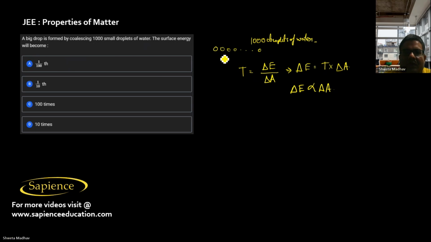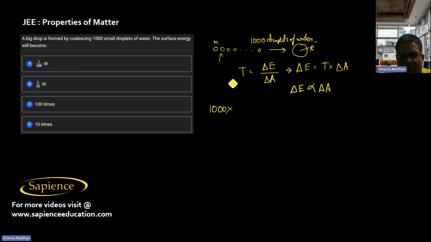Initially, suppose the radius of each of them is small r, so then it will form a new droplet having radius capital R. If we apply conservation of mass here, then it means we have to conserve the volume also.